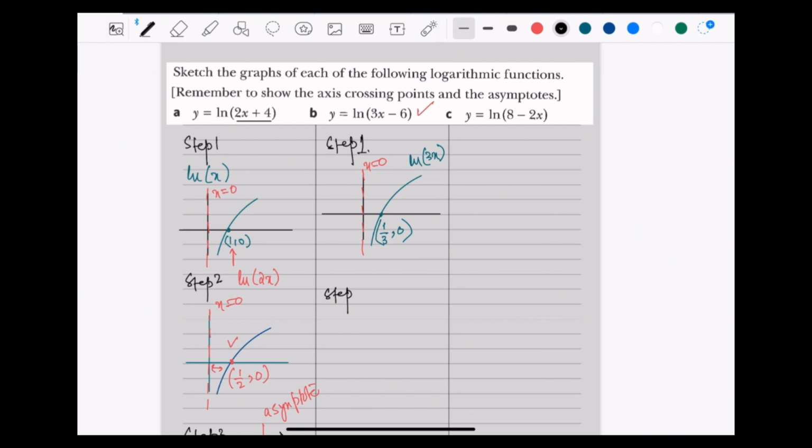Step 2, take 3 common, x minus 2. This is the asymptote line.